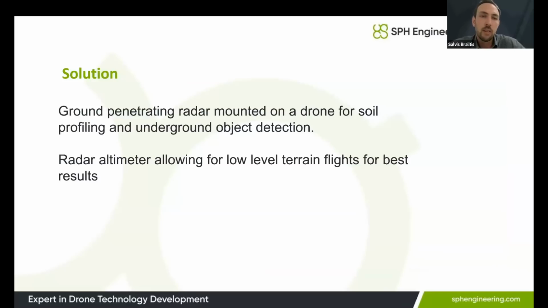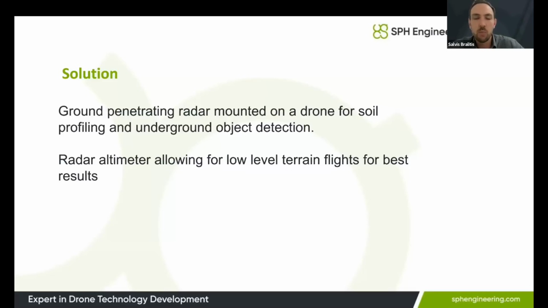So the solution that we have, you just mount the ground penetrating radar. There is some integration required. Also, a radar altimeter is something that you need to be able to conduct this. Ideally, you want to stay roughly 1 meter above the surface, but as you know, the elevation changes.